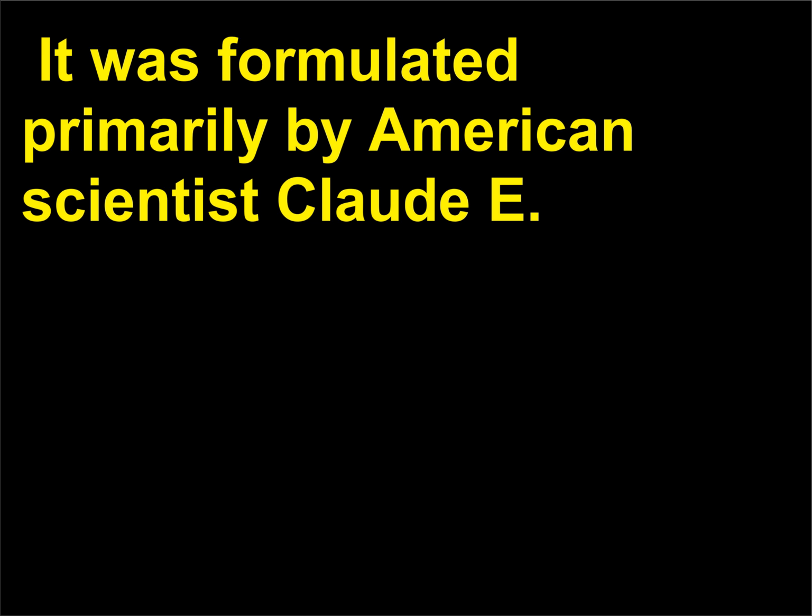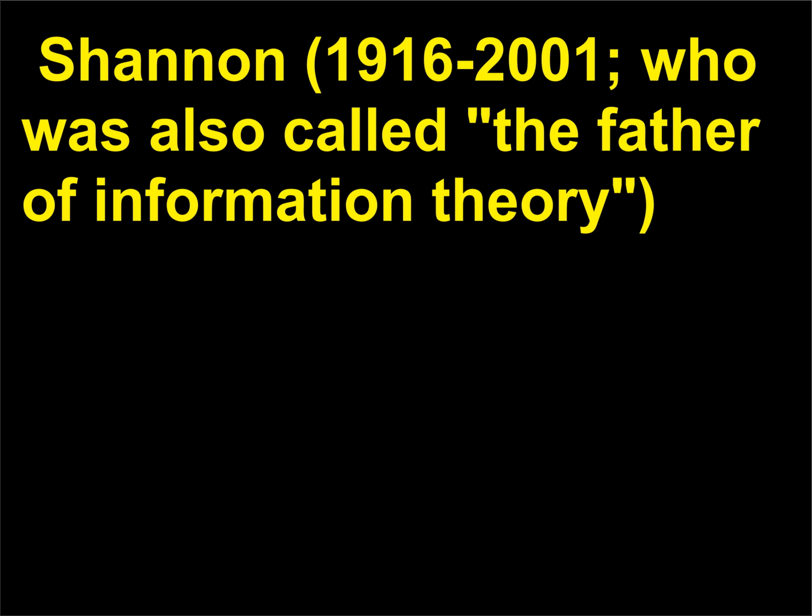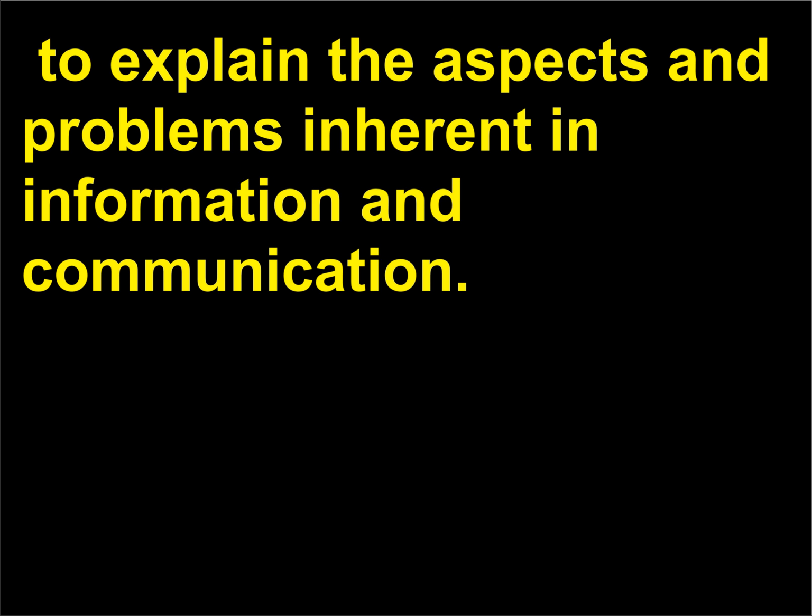It was formulated primarily by American scientist Claude E. Shannon, 1916 to 2001, who was also called the father of information theory, to explain the aspects and problems inherent in information and communication.